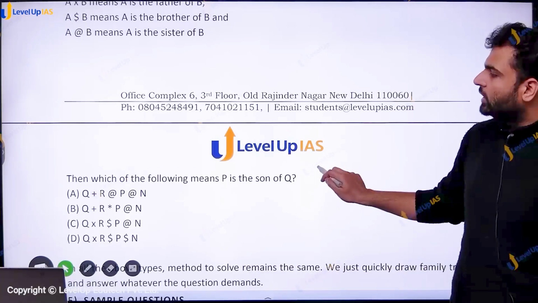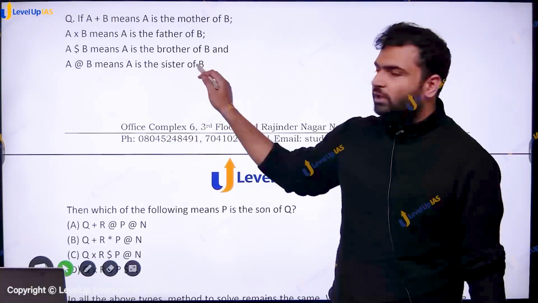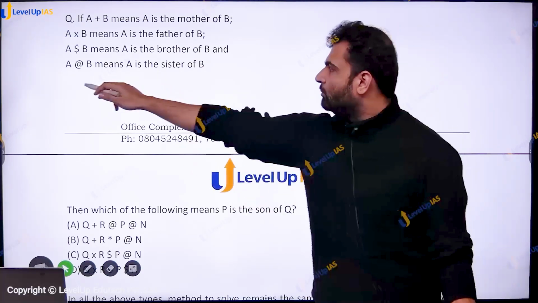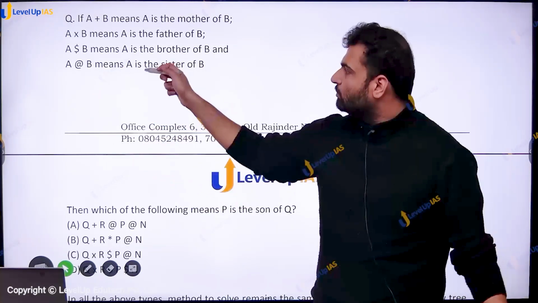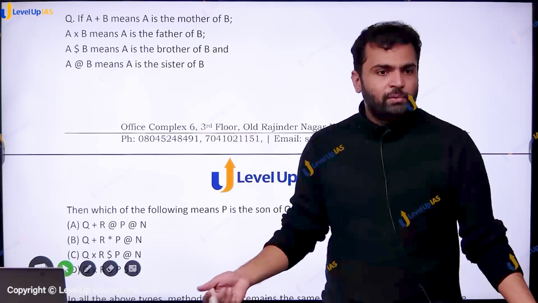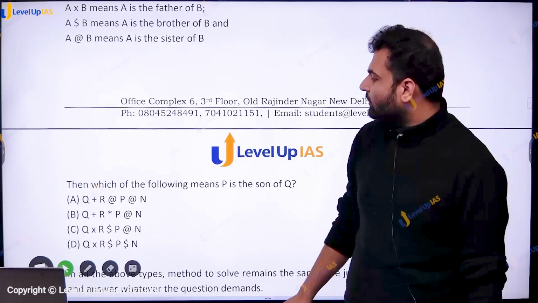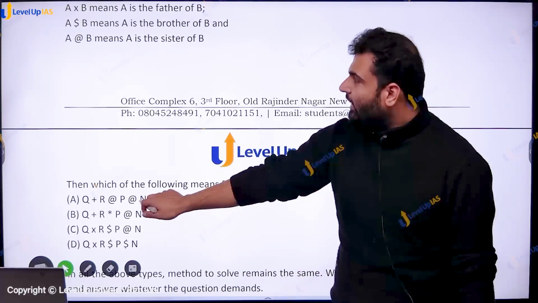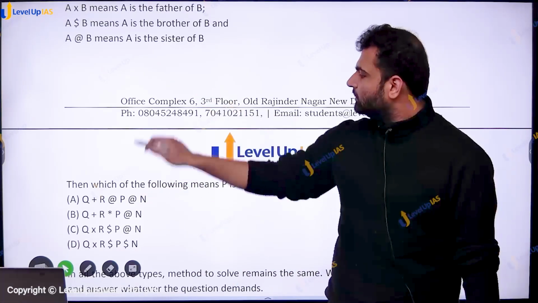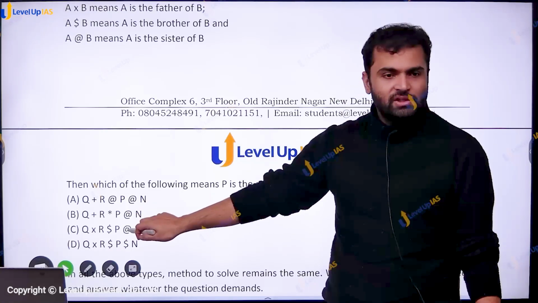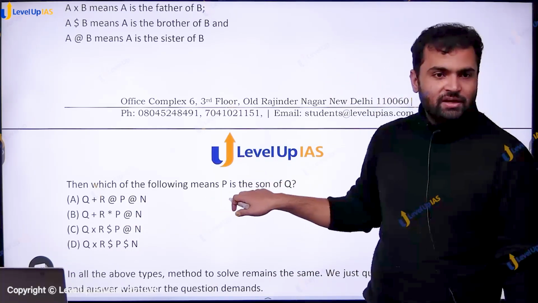You can do a few things. For P to be son of Q, P at something cannot work, because if P at something means P is sister, then she is female, so you can cut that straight away. P at N means P is sister of N. Can sister be son?